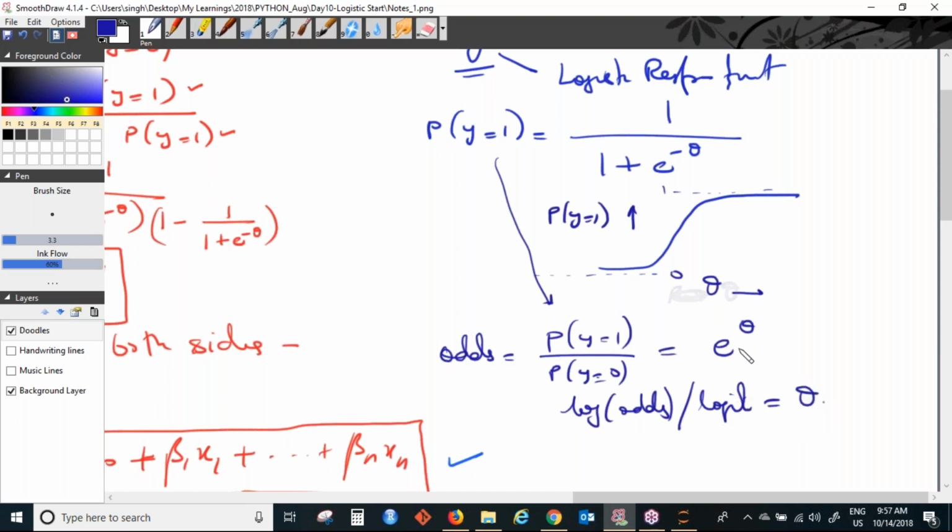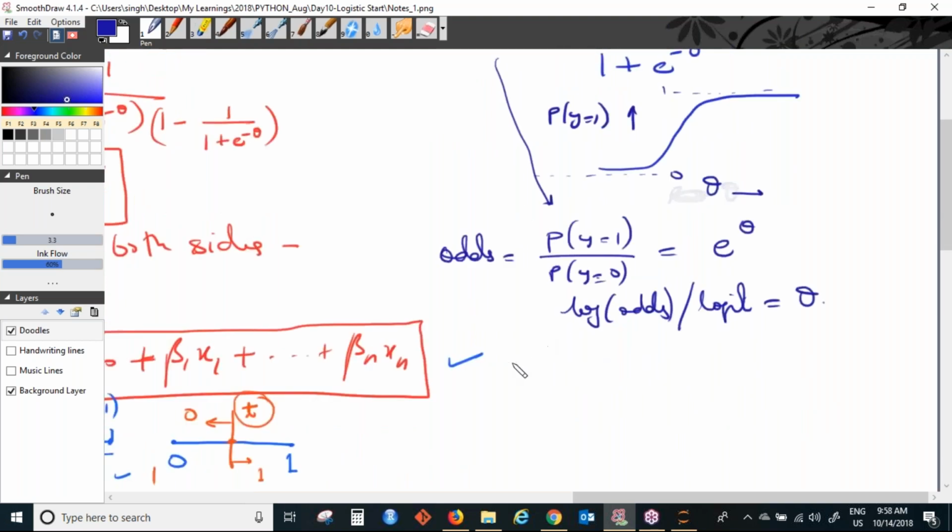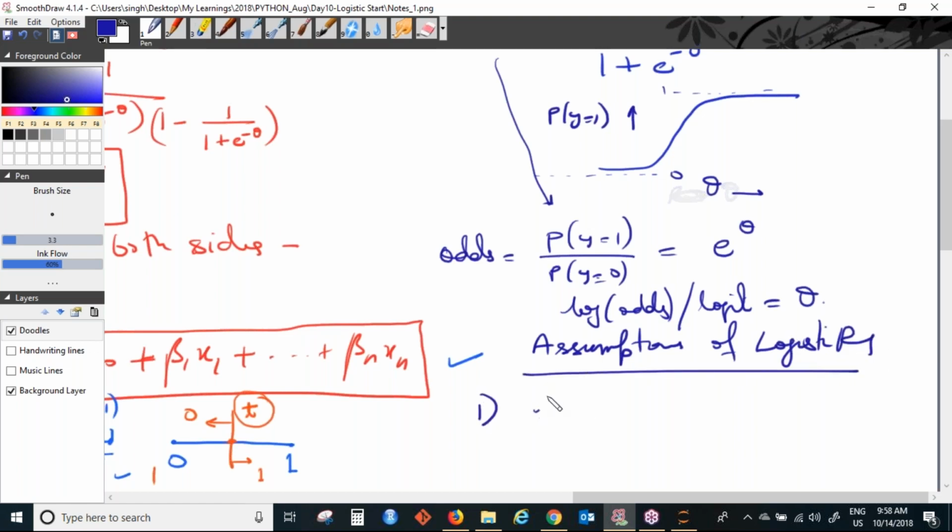Okay, so this brings us to the first assumption of logistic regression. So let us talk about assumptions of logistic regression right here. There are not many, only two assumptions. The first assumption is that log of odds should have a linear relationship with x.